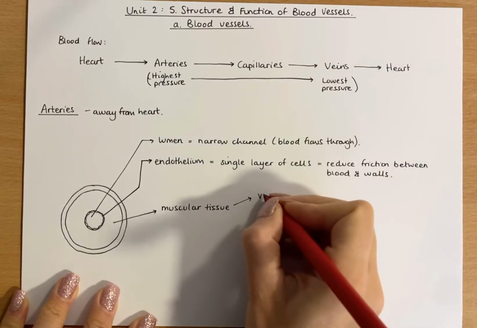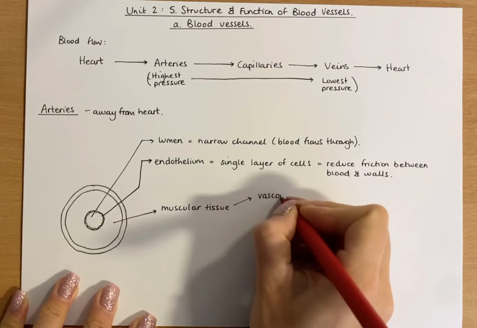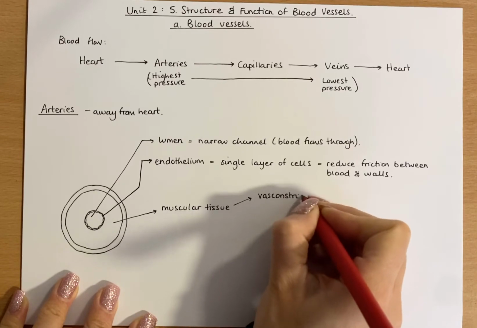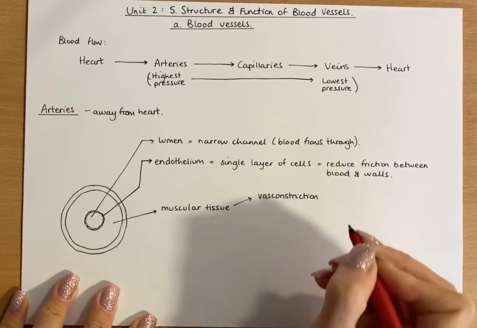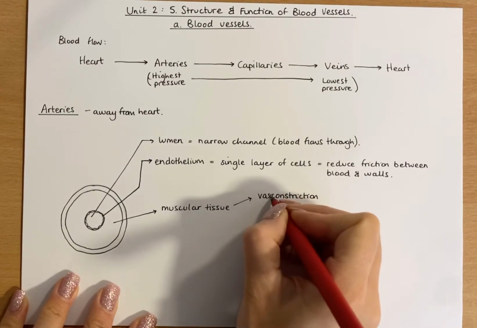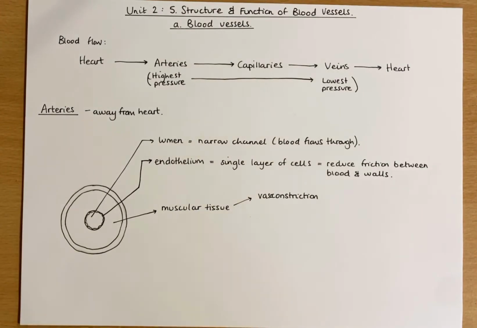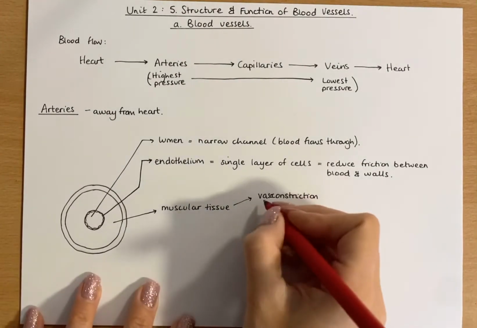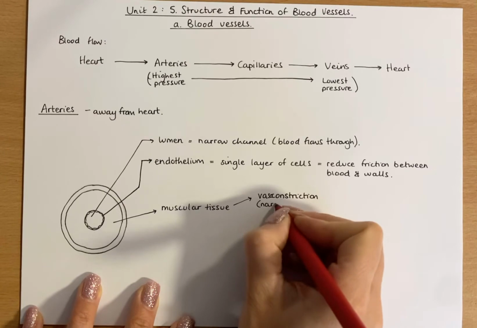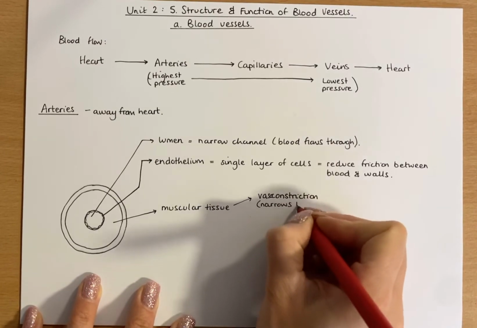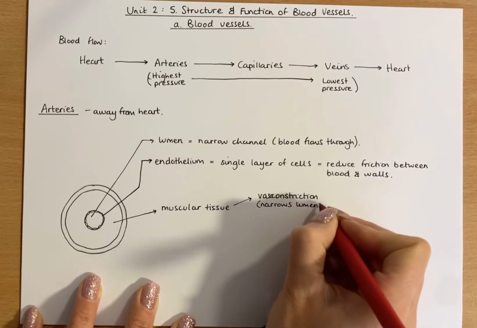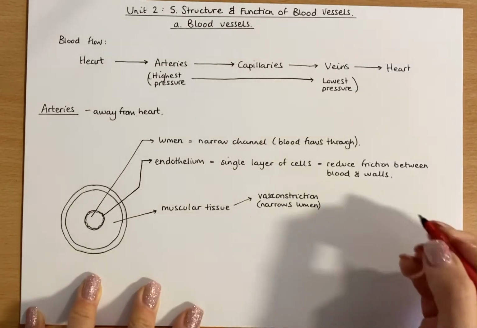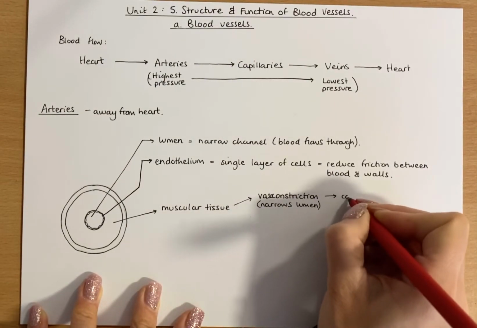And that process is called vasoconstriction. Now vaso means blood vessel, constrict means to narrow, to tighten. So when you vasoconstrict your blood vessels, the lumen narrows. Okay, so that involves contraction of that muscle.